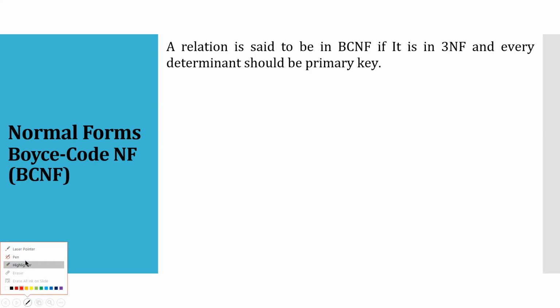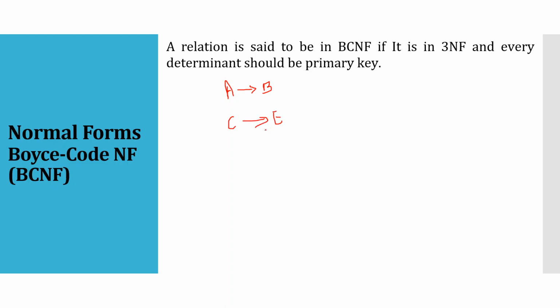Let me write down here. So what is the meaning of determinant? I am writing it here. A determines B, C determines E, and F determines H. So this is what you have as the functional dependencies. So it says that all the columns that determine some other columns should be a primary key.